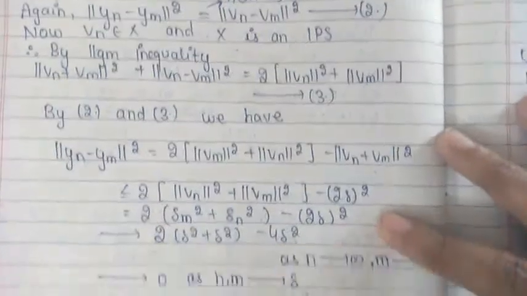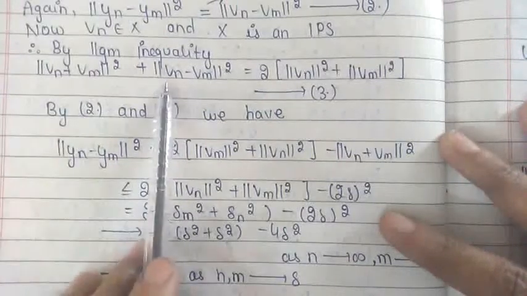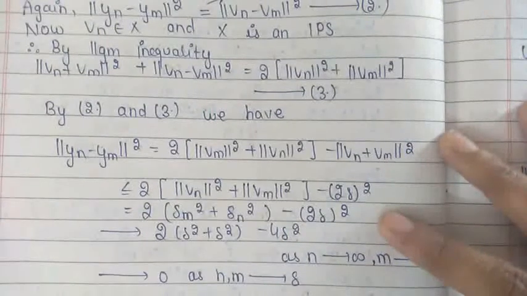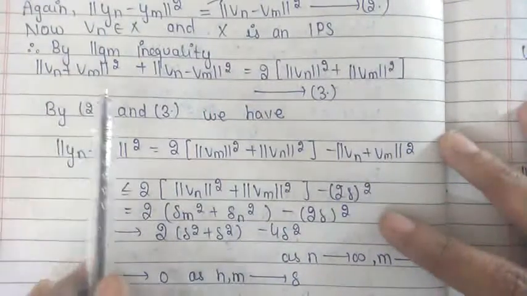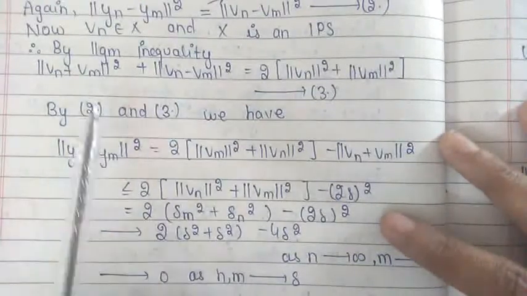By using the parallelogram equality, x plus y norm square plus x minus y norm square is equal to 2 times x norm square plus y norm square. Here x and y are replaced with the elements Vn and Vm.